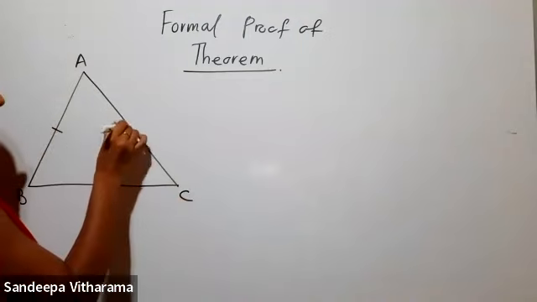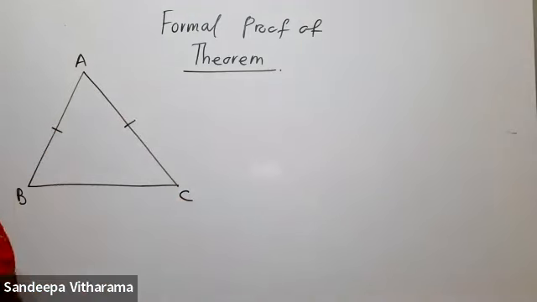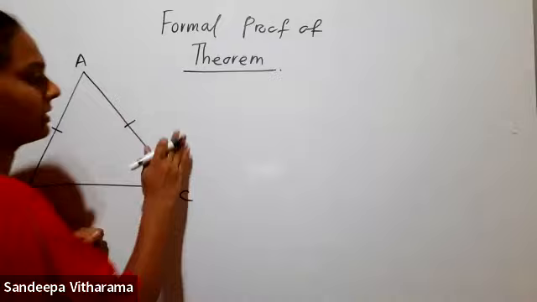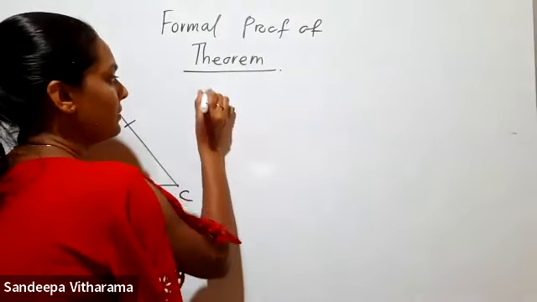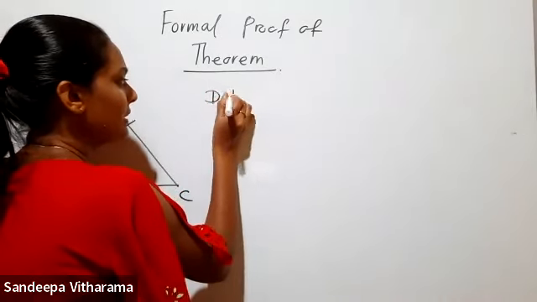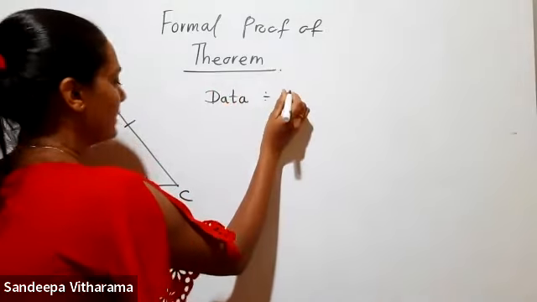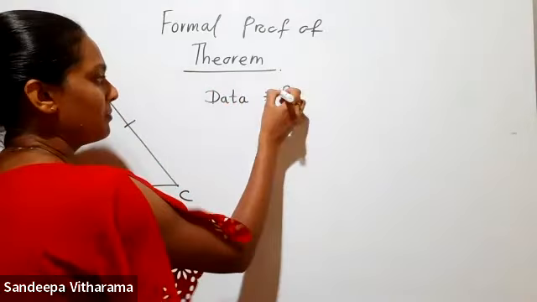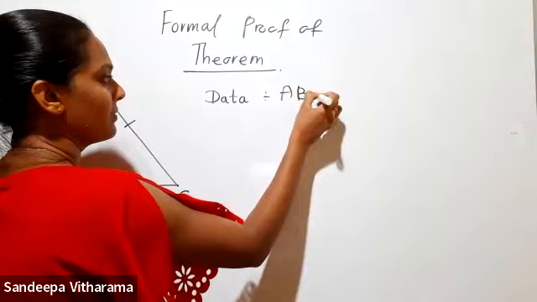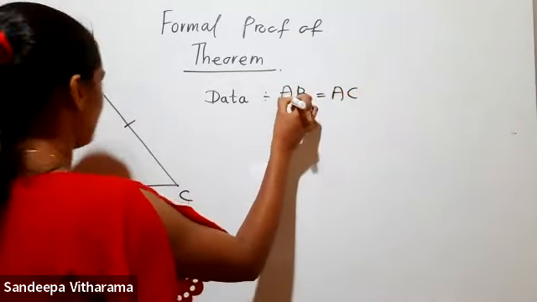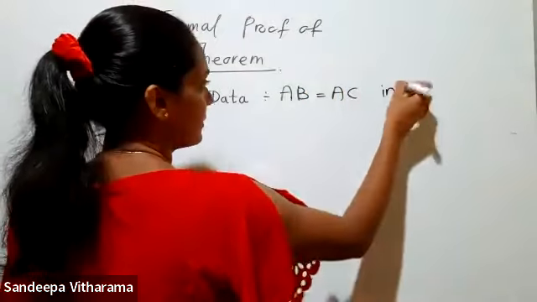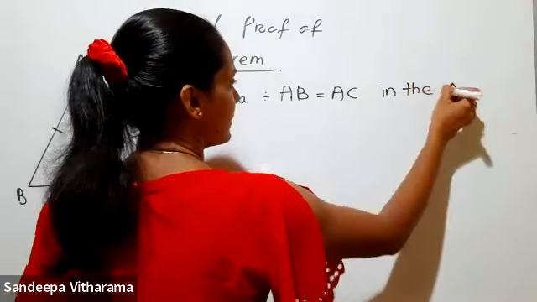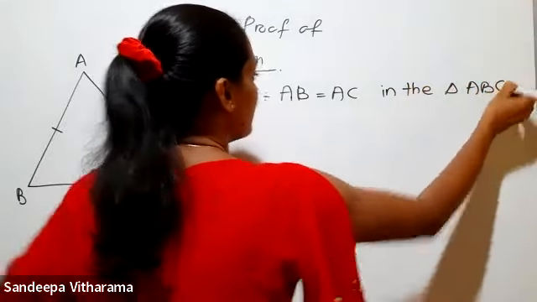Then what is the given data? The two sides of the triangle are equal. When you do a formal proof, first of all you have to write the data. Data is AB equals AC in the triangle ABC.